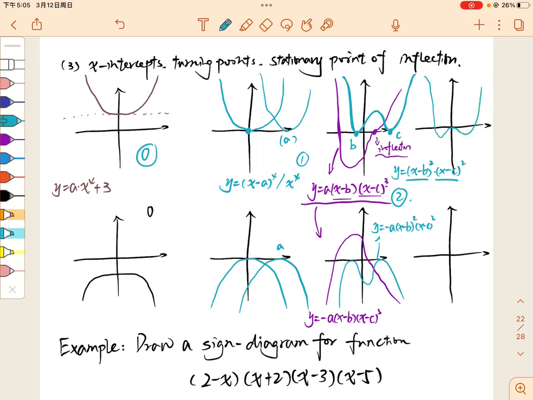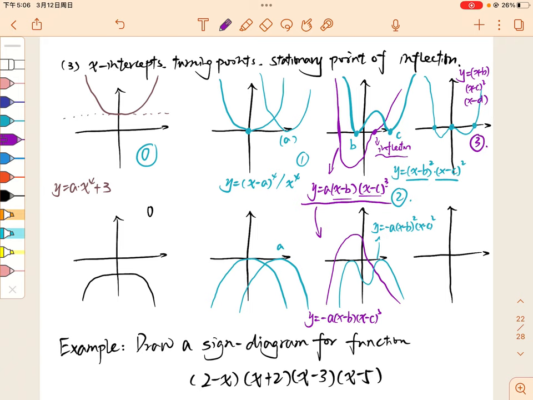So you have something like this. Okay, 1 point going through it, 1 point is a turning point, another point is just going through it. So now the function would be y equal to (x minus b)(x minus c) squared (x minus d). So this is the 3 x-axis intercepts.